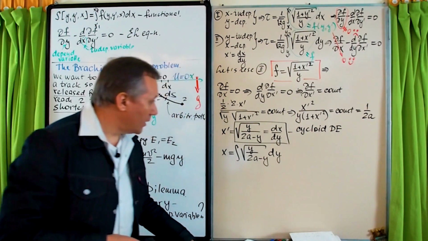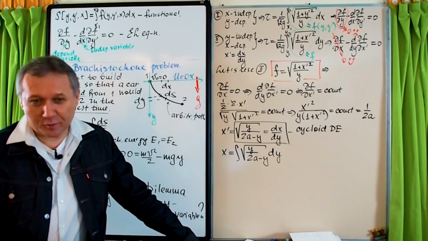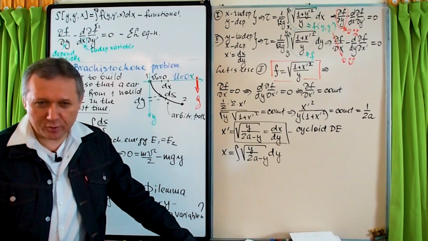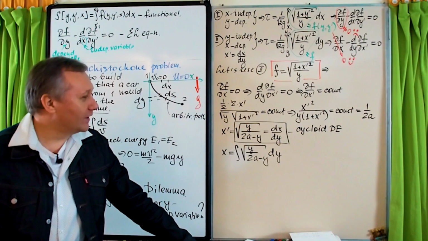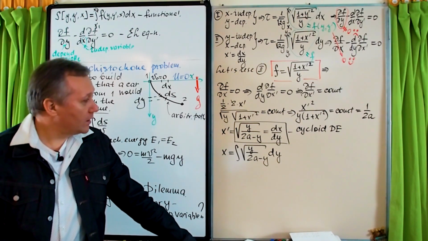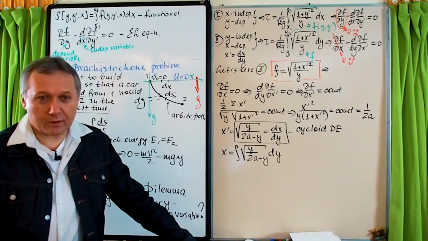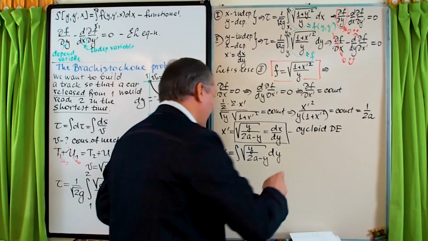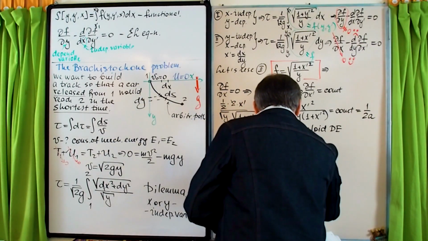Now, this integral is kind of not very trivial, right? And if you don't know the correct substitution, you might struggle a lot before you find the right substitution, right? So let's just use a substitution which people found to handle this integral.